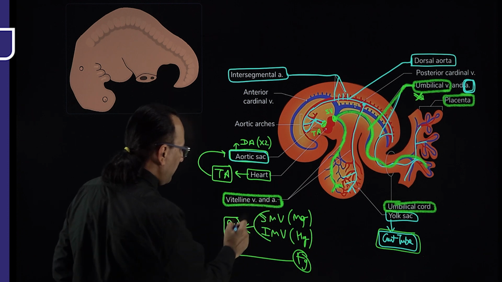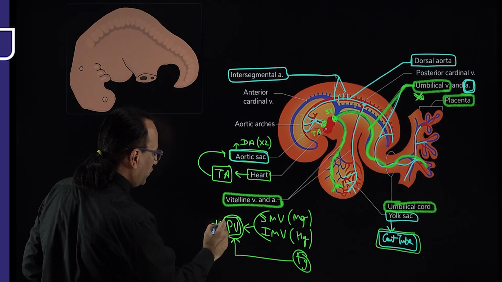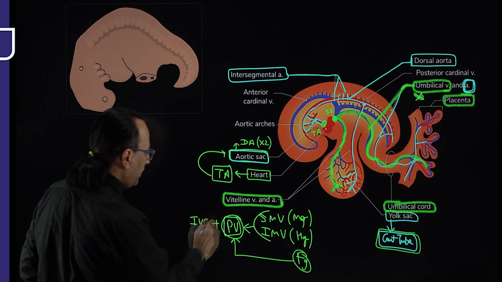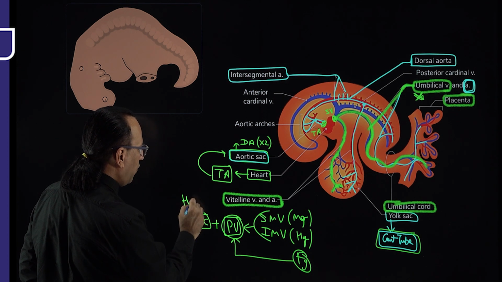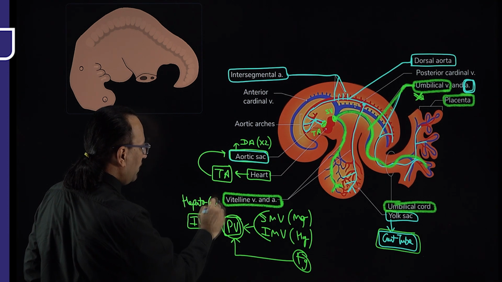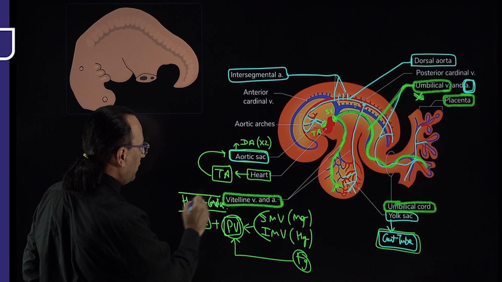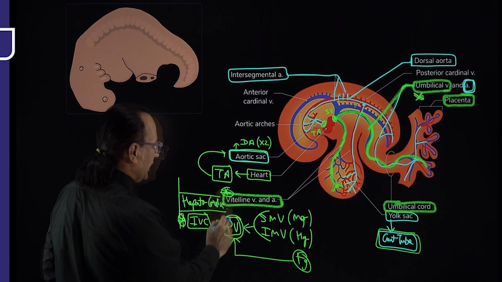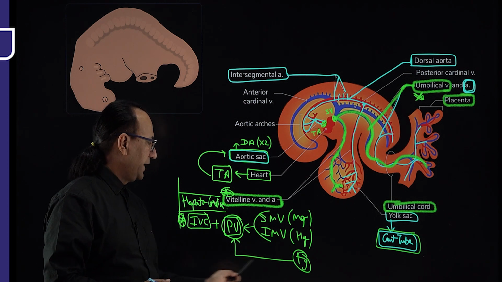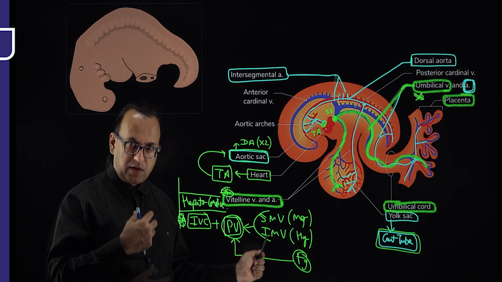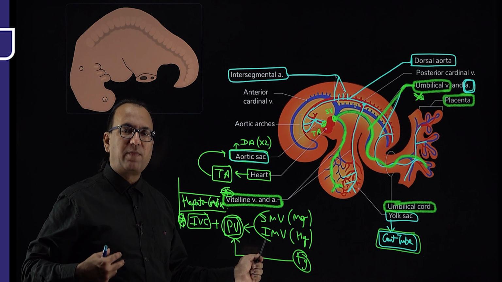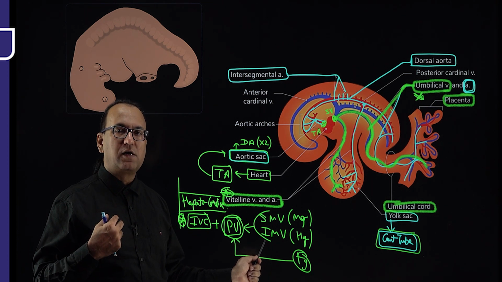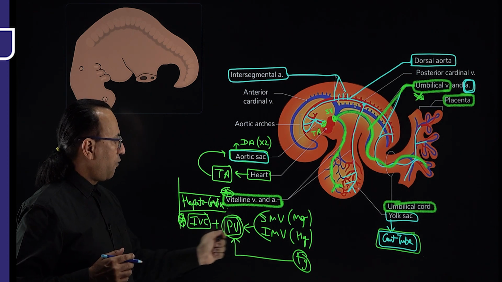So not only does it form the portal vein, it also contributes to the inferior vena cava. It is basically the portal circulation carrying the nutrients from the gut tube towards the liver, and from the liver the metabolites towards the heart. That is all the derivatives from the vitelline vein.